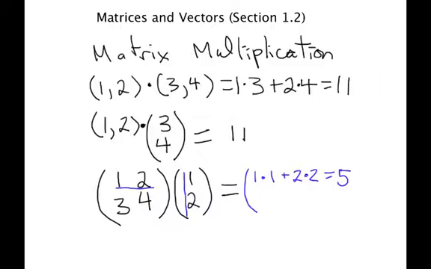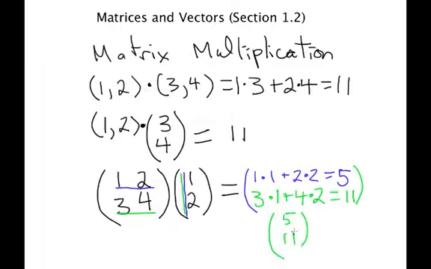And for the second one, you take the second row and still look at this column to get 3 times 1 plus 4 times 2, and I believe that is equal to 11. So this matrix product is 5, 11.